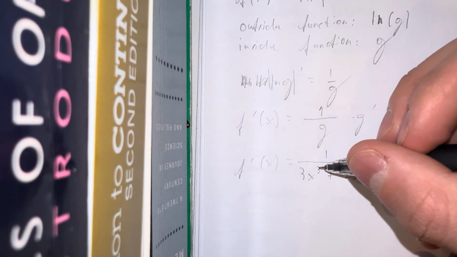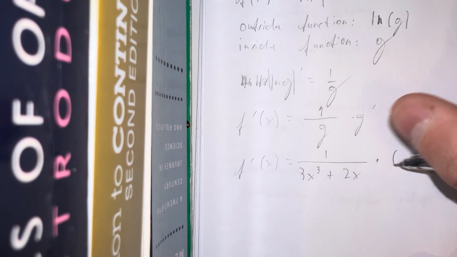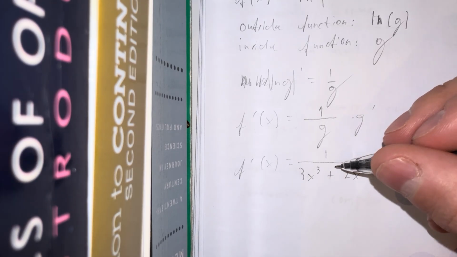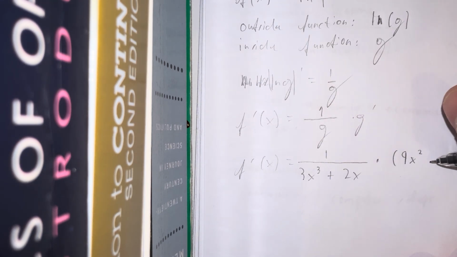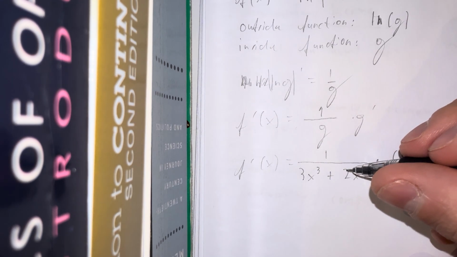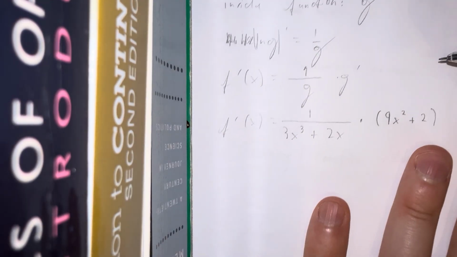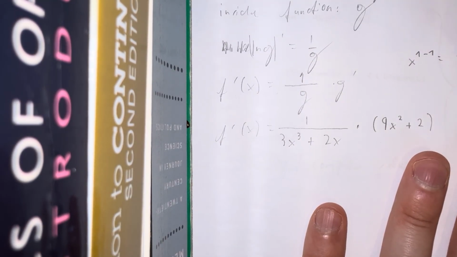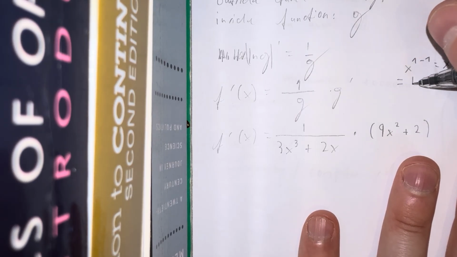which is 3 times 3, 9. We use the parentheses now because there are multiple terms. 9x, and we have 1 reduced there, so 9x squared plus, this becomes only 2 when we do the derivative, because the x becomes 1, x to the 0, 1.